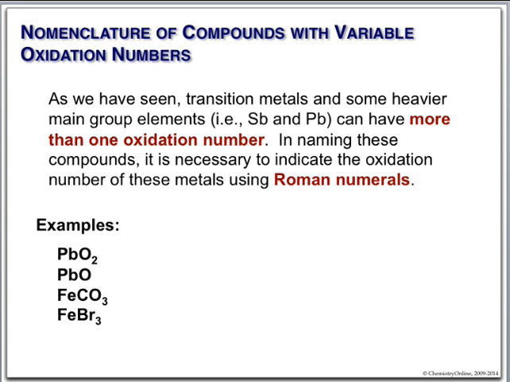We have 2 oxygens at -2 each, so this must be a +4. We would write lead(IV) oxide. 1 oxygen at -2, so the lead here must be +2. And we would write lead(II) oxide.